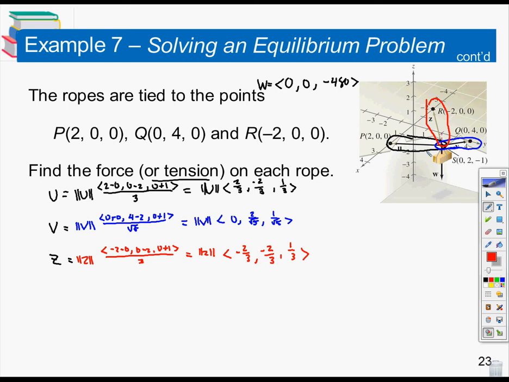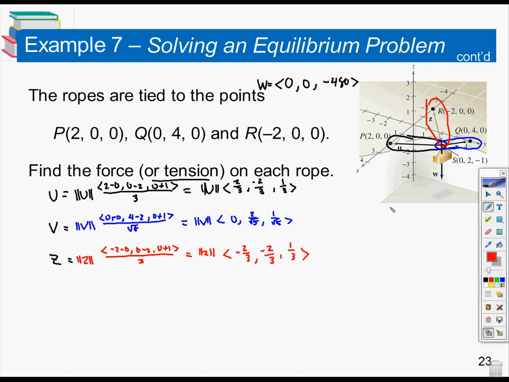Basically what's happening here is I have all of these different vectors who somehow, when they meet at this point, are forming a resultant of w. So somehow all of these vectors are combining, being the important word, to w, which is going straight down.